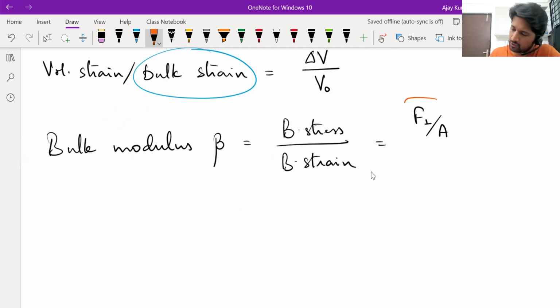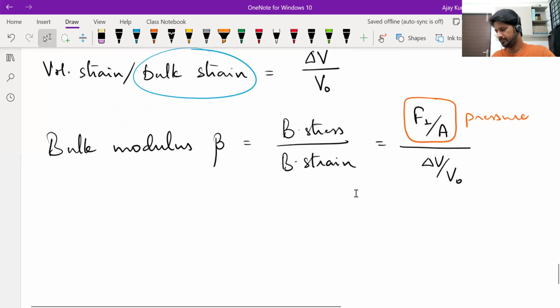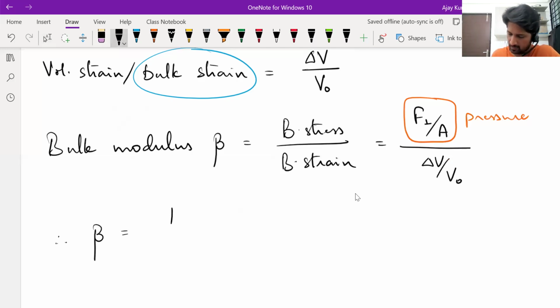Perpendicular force acting per unit surface area is what you call pressure. How is bulk strain calculated? Change in volume divided by natural volume. Therefore, bulk modulus can be expressed as pressure P divided by delta V by V, where V is natural volume. Let me write V naught itself.